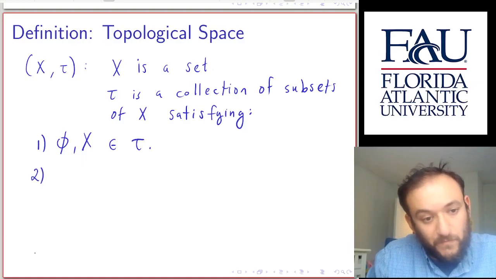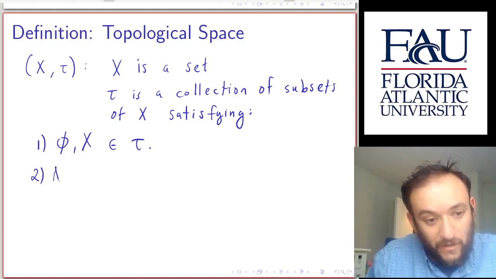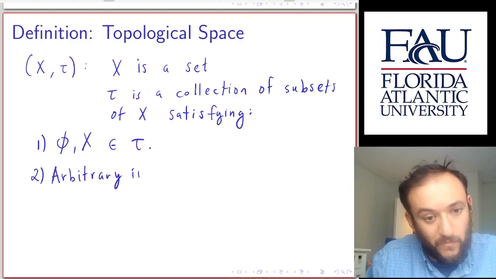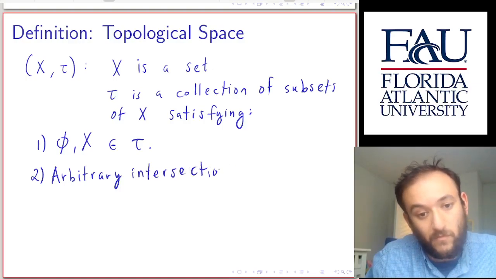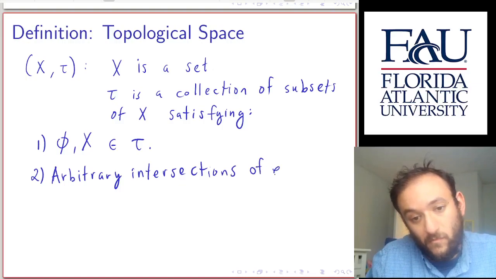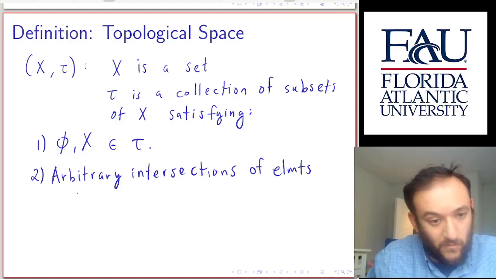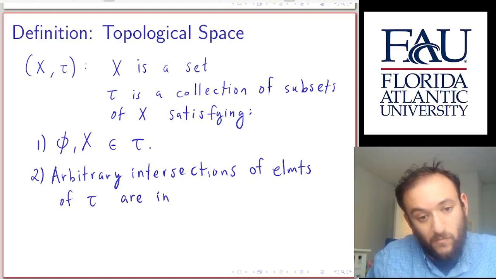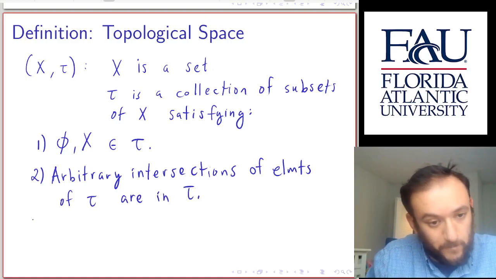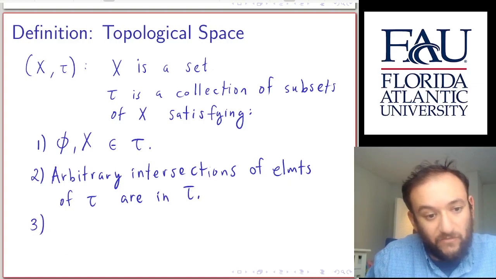And arbitrary intersections of elements of tau are also in tau. And finally, finite unions of elements of tau are in tau.